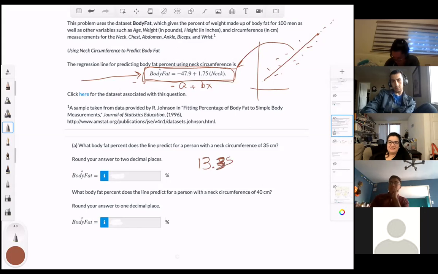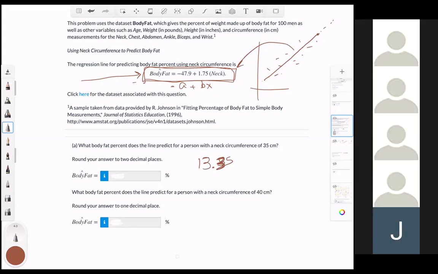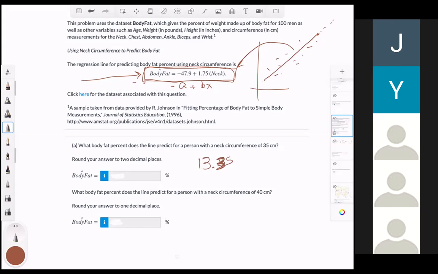I got the same. Catherine, thanks for participating. Let's see, where is Rocio? Rocio, is she here? Yes, I'm here. Did you get 13.35? I haven't done it, but I would multiply the 1.75 or negative. How did you multiply?